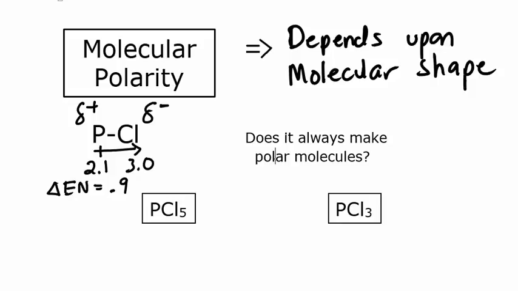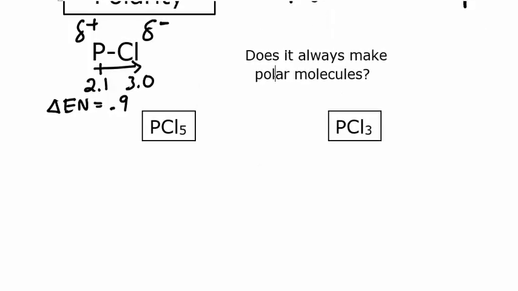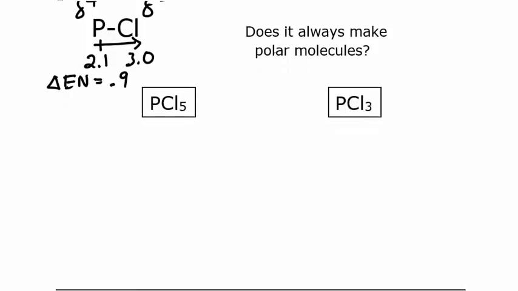So to answer this, let's look at a couple of examples of molecules that contain the phosphorus-chlorine bond. The first one is PCl5. In order to determine the shape of that, we first draw the Lewis structure. So we have a phosphorus, and we end up with 5 chlorines around it, all of which have an octet.